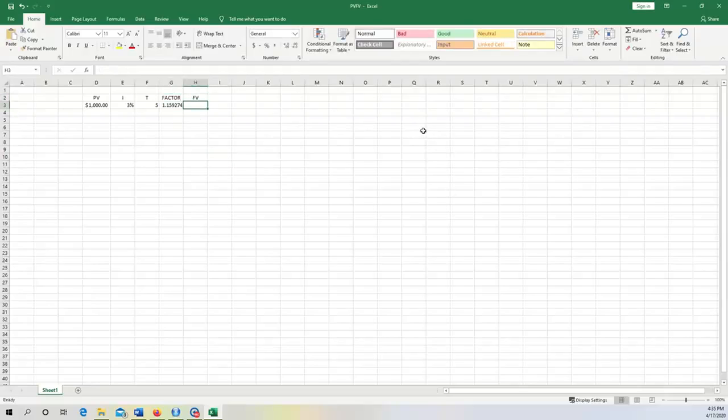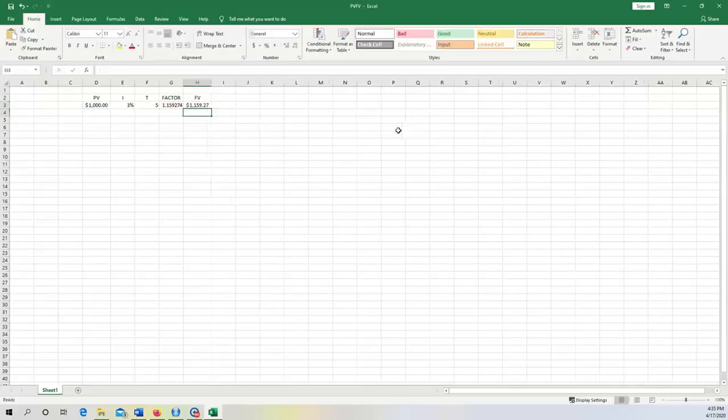Then what's the future value? Future value equals present value multiplied by this number. So the future value for 1,000 US dollars, 3% annual interest rate, 5 years, is equal to $1,159.27.